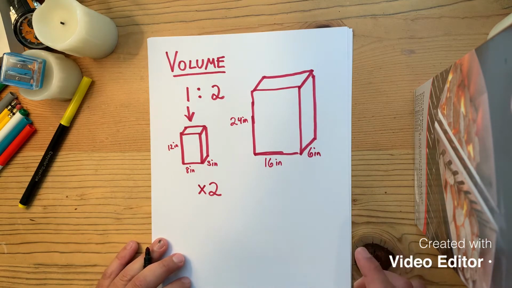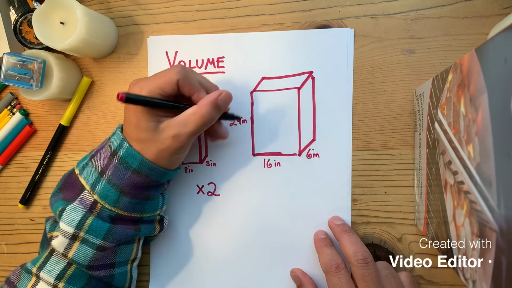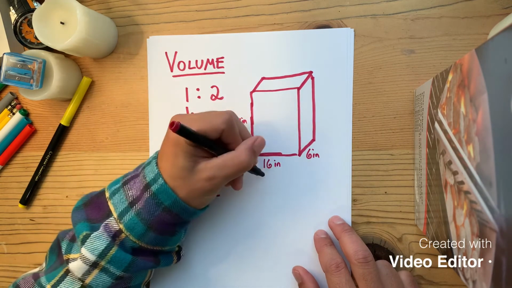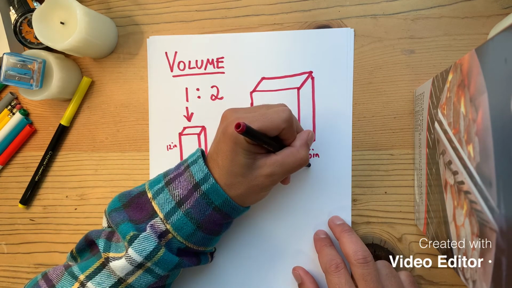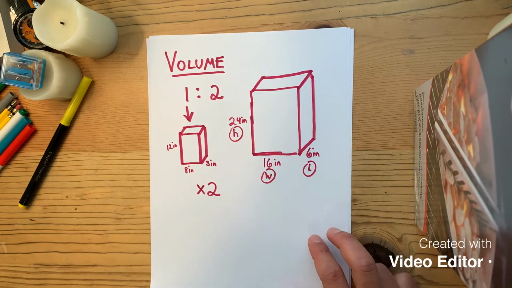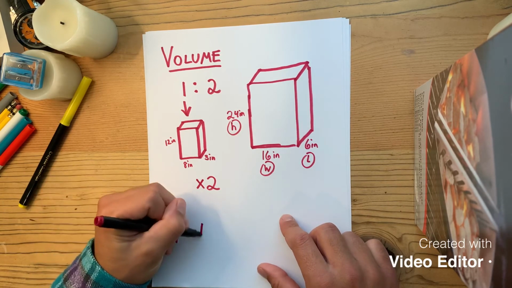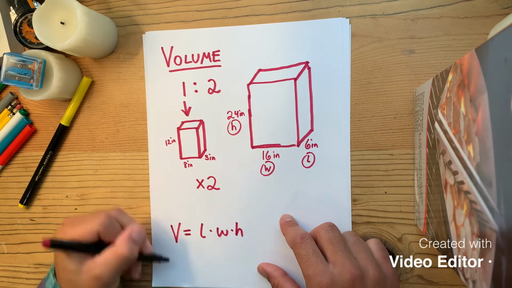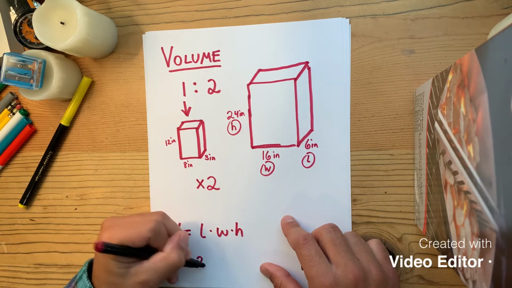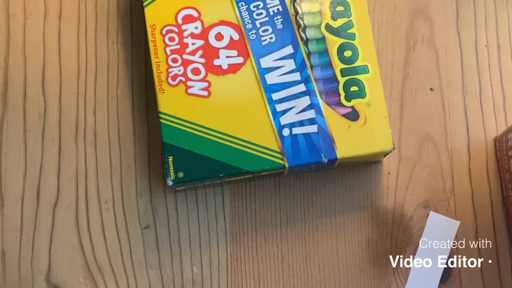Now the formula to find volume requires you to know the height, the width, and the length of your object. In this case, it is equal to 24 times 16 times 6.